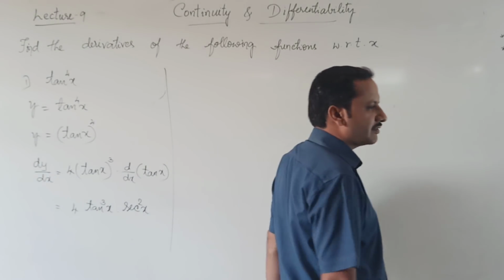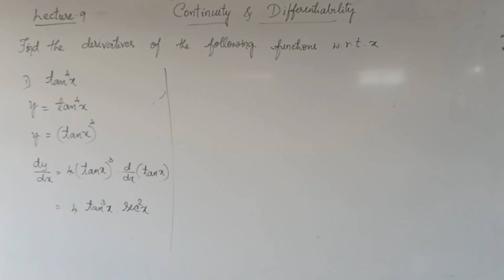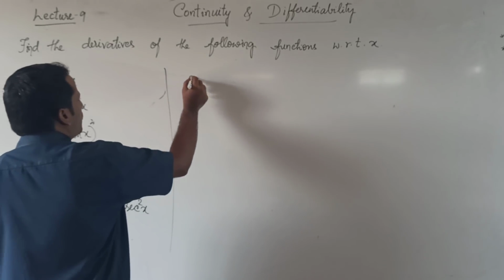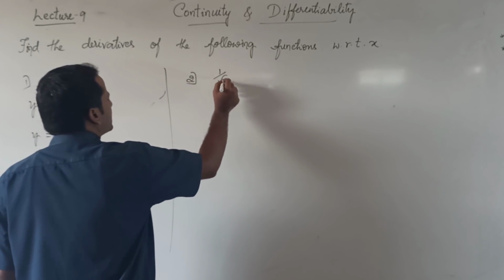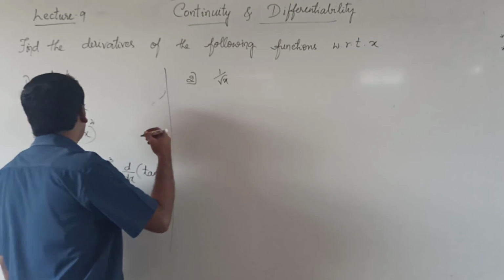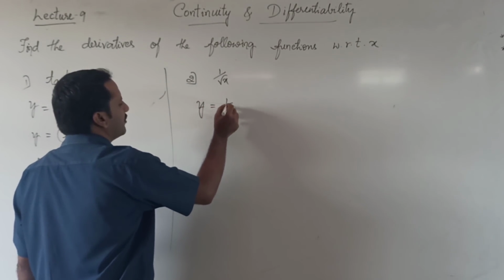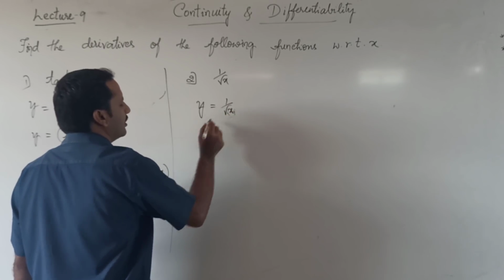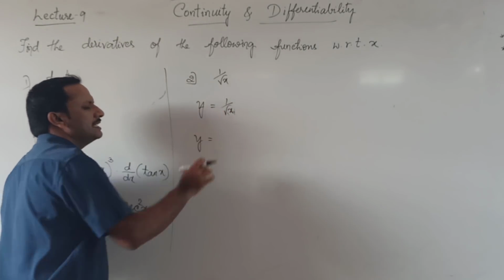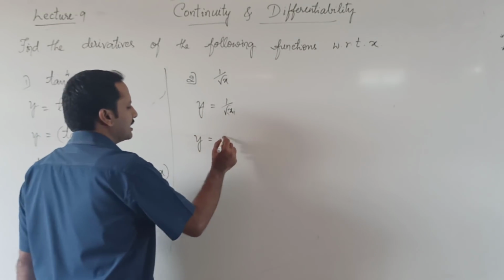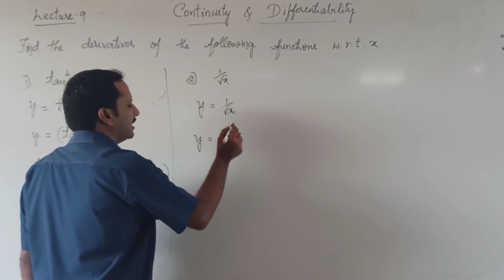Okay, let us look at the next question now. 1 by root x. We want to find the derivative of 1 by root x. Let y equal to 1 by root x. Root x is x power 1 by 2. Take it to the numerator, it will become x to the power minus 1 by 2.